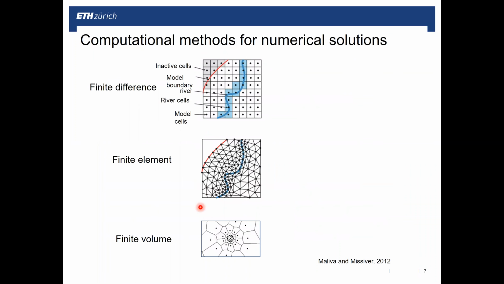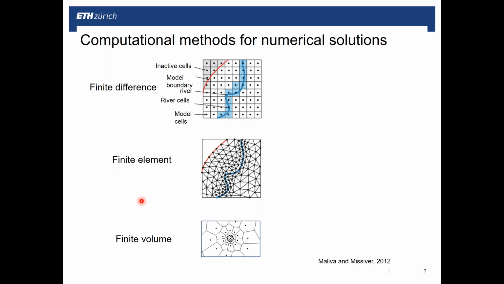And for the numerical solutions, there are also three different types. First, the finite difference. Second, the finite element, and then the finite volume method. The finite difference method is quite simple and easy to understand, so it is really recommended for beginners who just start to use groundwater numerical models.